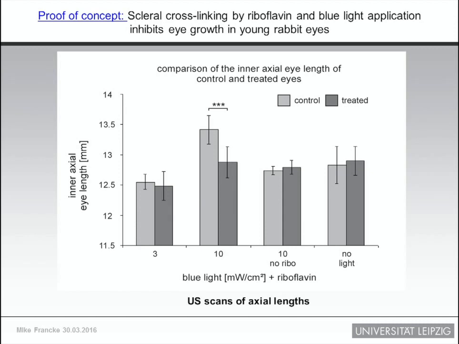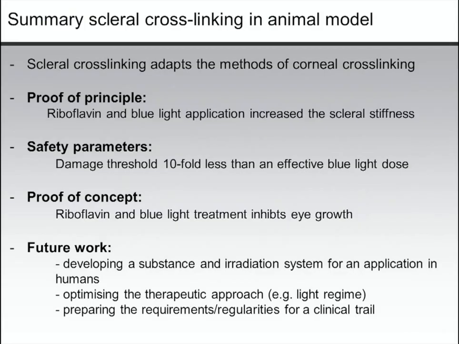These are young rabbits and the eyes are still growing, and after scleral cross-linking, we can inhibit the axial eye elongation. If we use only 3 milliwatt per square centimeter, nothing happens compared to the control. And if we treat only with light or only with riboflavin, there is no difference between the control and the treated one. That means we can really inhibit eye growth or eye elongation.